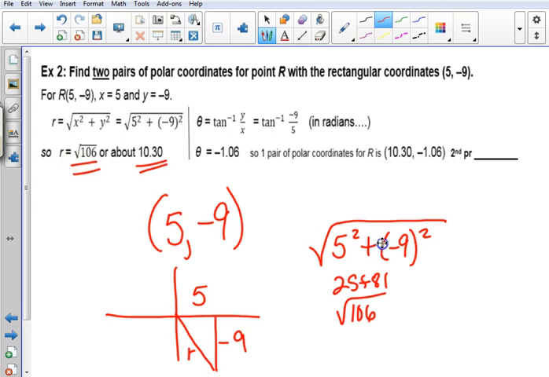So the other thing we need is some kind of an angle. In this quadrant, how would we find that angle? And they do these in radians, so it's going to feel kind of weird when you see the answer. Inverse tangent of what? y over x. Anybody awake out there?